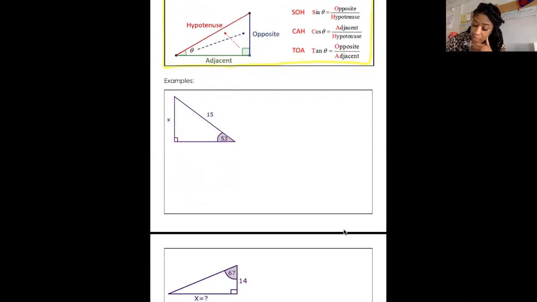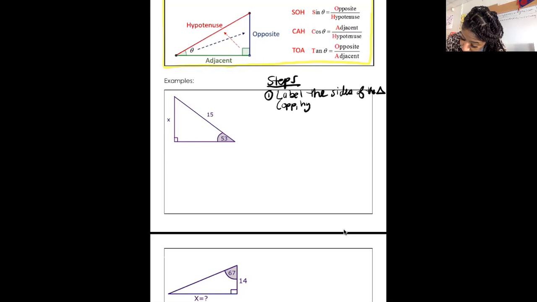So I'm gonna give you some steps and I want you to write these steps down. Step 1 is to label the sides of the triangle. Label the sides of the triangle. And by that, we're talking about the opposite, the hypotenuse, and the adjacent. So across from the angle, that's going to be my opposite side.